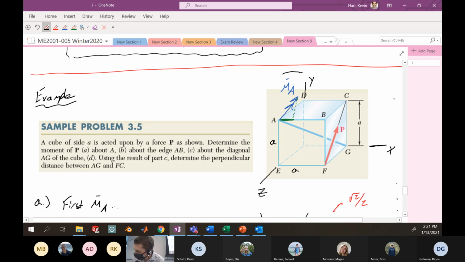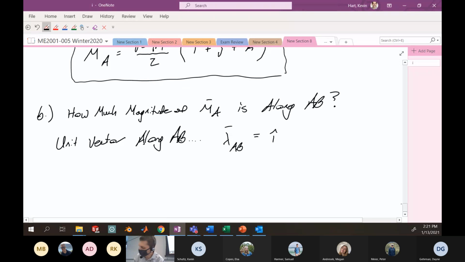So if I want to project the contribution of this particular moment onto the line AB, I want to take the dot product between the moment that I generated and the I direction.